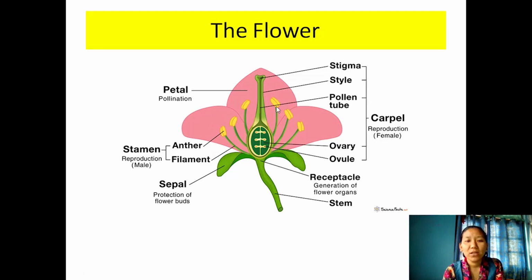Then inner to it, the whorl is the androecium, which bears the male gamete, and the innermost whorl is the carpel, which bears the female gamete. So all the four whorls are present on the receptacle, which in turn is attached to the stem with the help of the peduncle here. The two outer whorls are called accessory whorls, and the two inner whorls are essential whorls. So these two are directly related to reproduction.